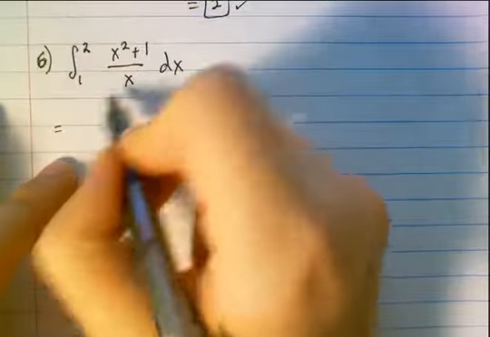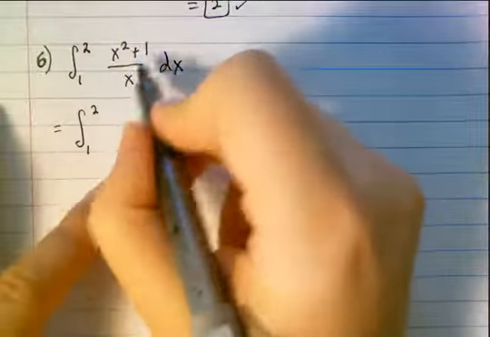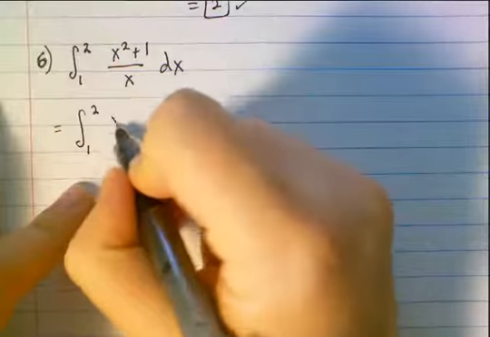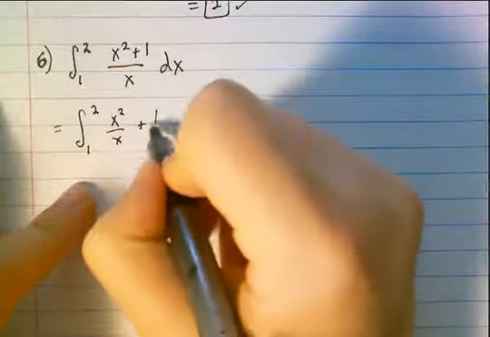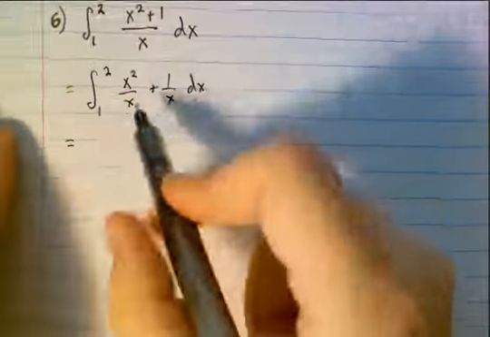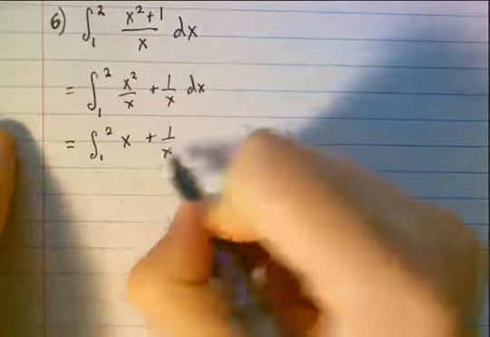So this is the same as saying this is the integral from 1 to 2. We can see that this exponent is bigger than this one, so we can split up this fraction. And if we simplify that, we have the integral from 1 to 2 of x plus 1 over x dx.